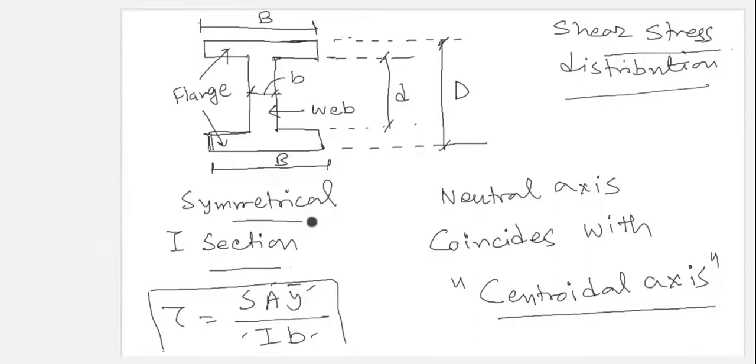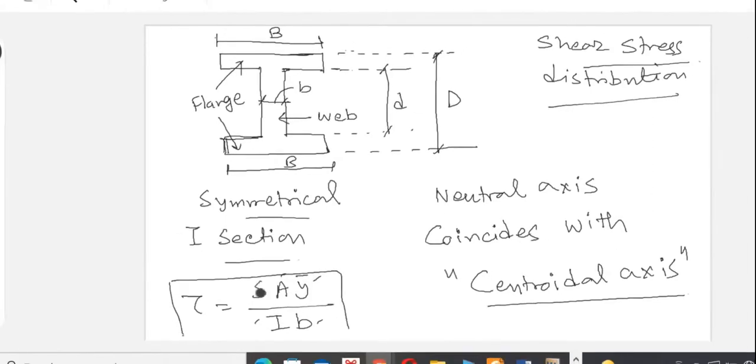Y bar we can calculate if we know the dimensions, because dimensions से हम लोग को पता चलेगा कि centroid कहाँ पे होगा, and centroid से पता चलेगा neutral axis, neutral axis से पता चलेगा what will be the Y bar. I is, again we know, it's a dimensional property, and B is obviously a dimension. So except this S, everything remains the dimensional properties, and S is only the shear force acting on the section.